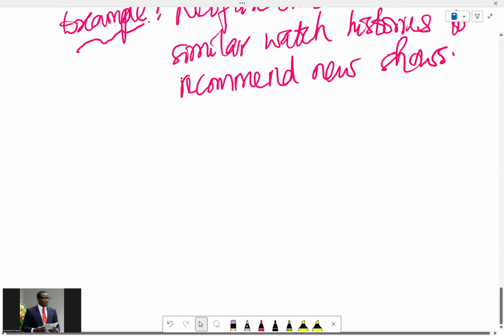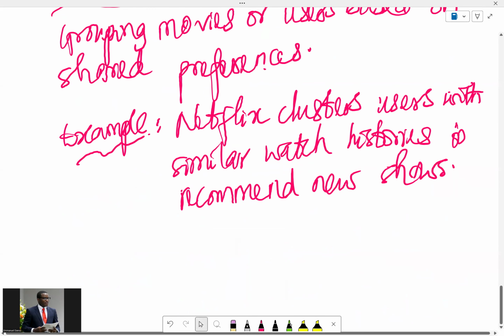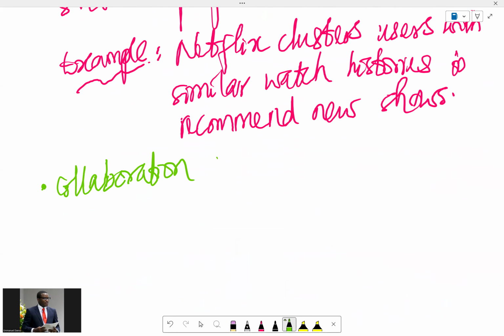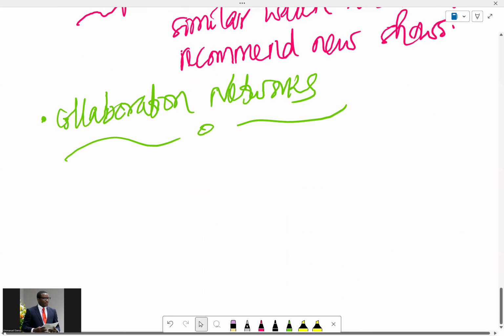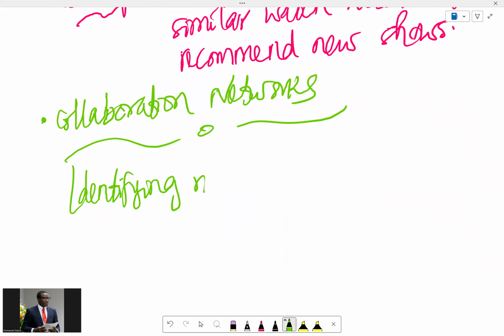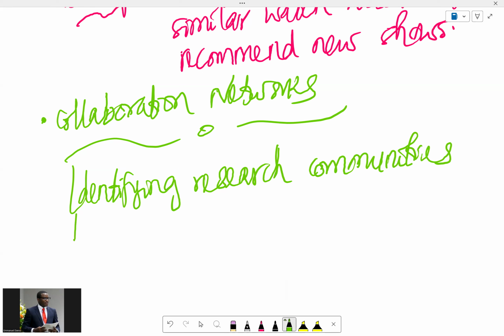We could also talk about collaboration networks. Here, community detection can help in identifying research communities by analyzing co-authorship networks.